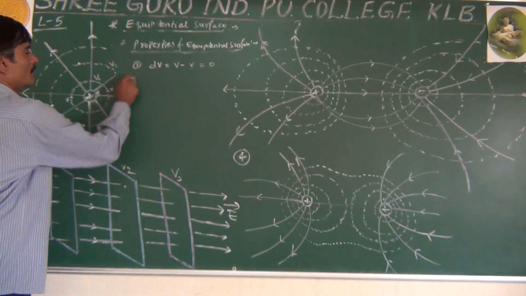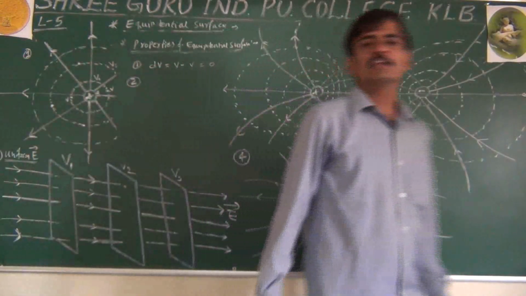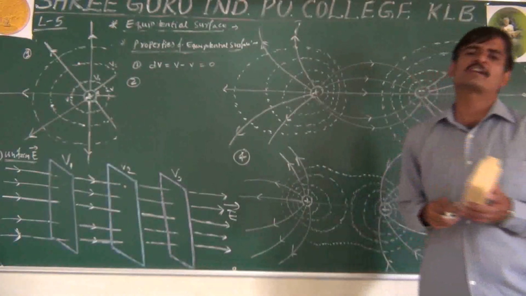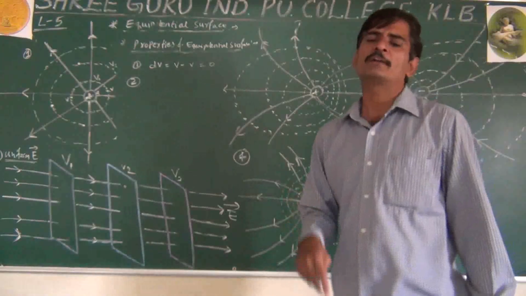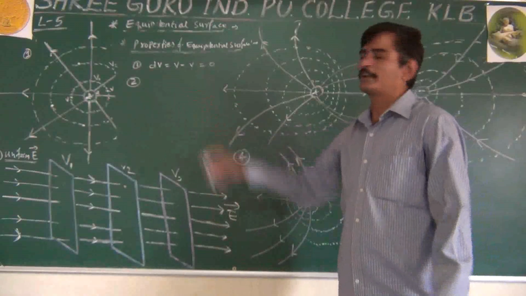Second one, no work is done in moving a charge. No work is done in moving a charge from one point to another point on an equipotential surface. This is the second property.